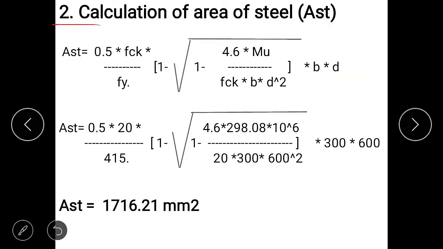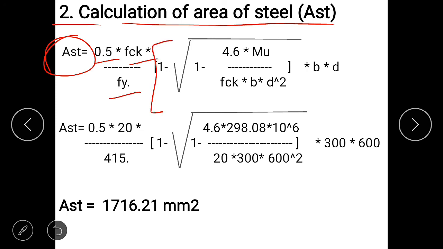So second step, calculation of area of steel, Ast. The formula is 0.5 fck divided by fy, under bracket 1 minus under root of 1 minus 4.6 Mu divided by fck b d square, bracket close, into b into d.